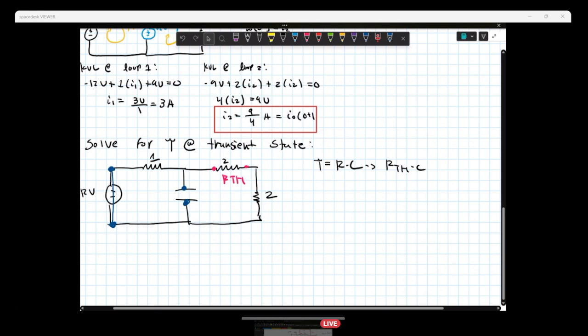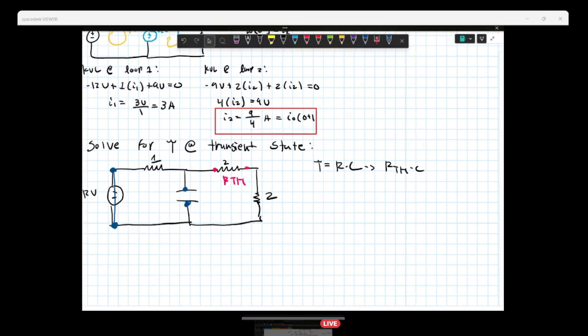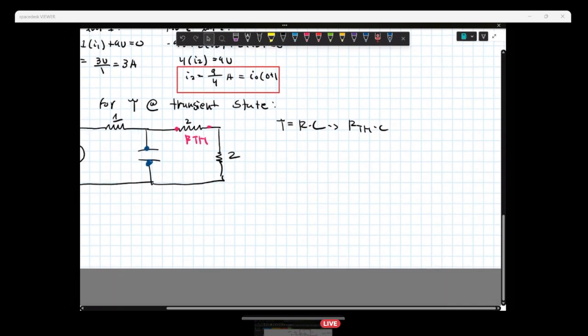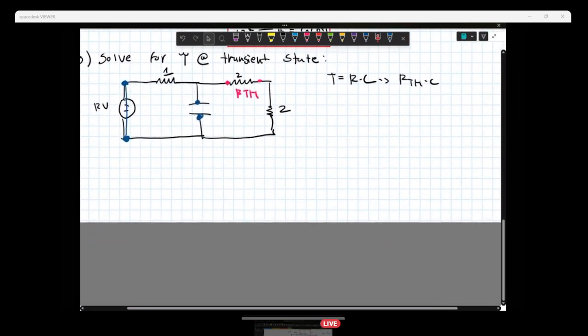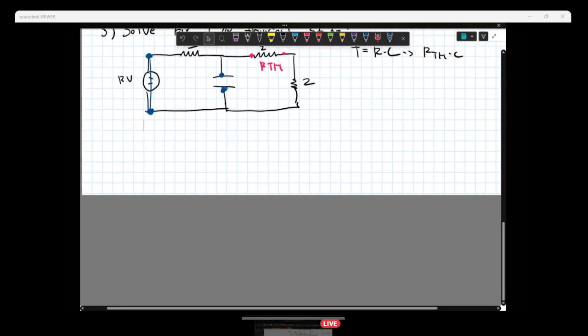Shouldn't a voltage source be open? No, because a capacitor in steady state becomes open, but for a voltage source, to kill it off you have to short it. It's a bit weird. The things I said before for the capacitor and inductor only apply to those. But if you want to kill off a voltage source, you have to short it, and if you want to kill off a current source, you have to open it.